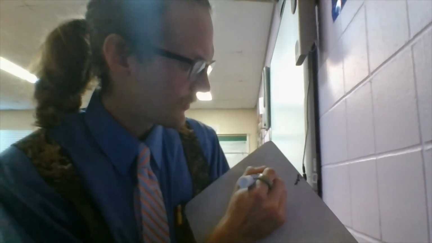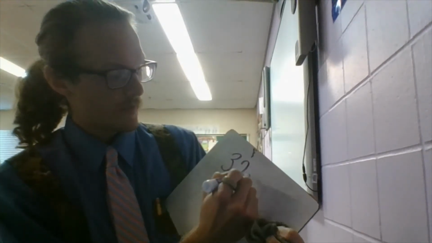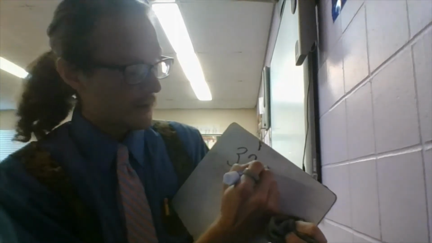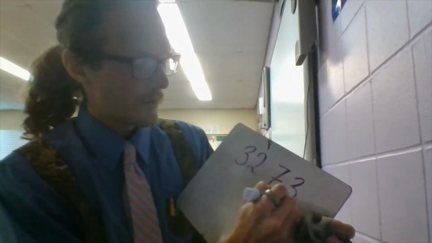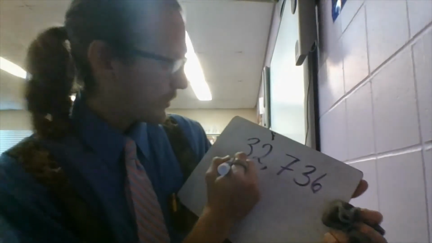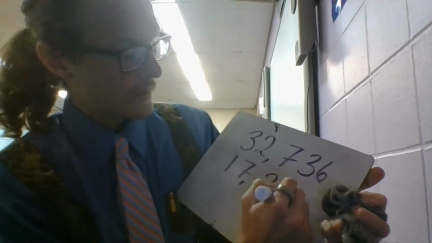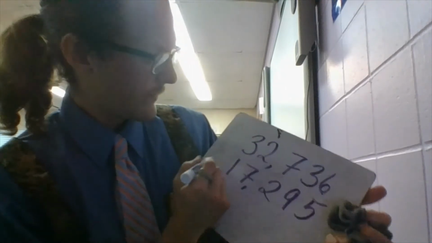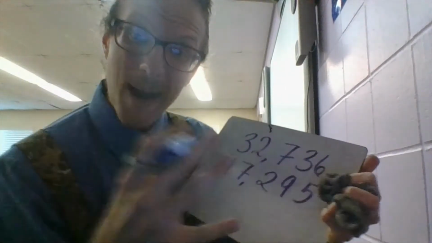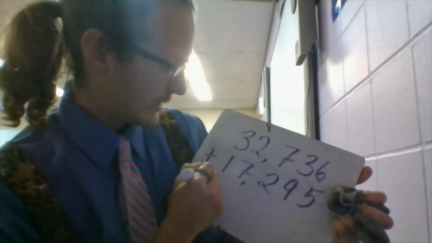When we combine, it's asking for 32,736 plus 17,295. It wants us to combine those, so we're going to be adding.